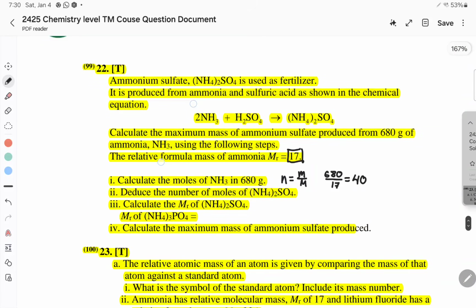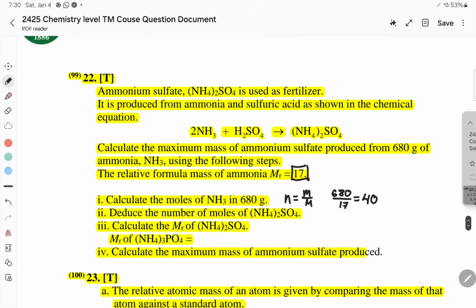What you need to do is RGR. So I'm going to write it over here: 2NH3 plus H2SO4 gives (NH4)2SO4.